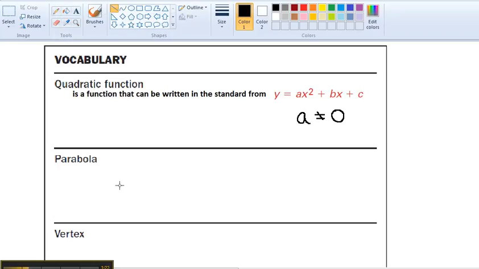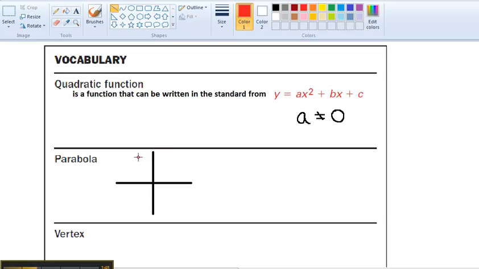So, just really simply, and this doesn't have to be a big deal, we'll do a coordinate plane. And we talk about a parabola. Here's what it is. It's basically a U-shaped graph.